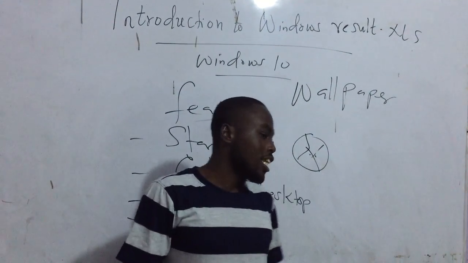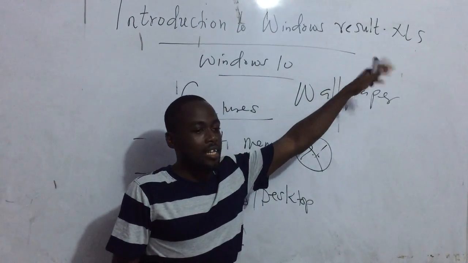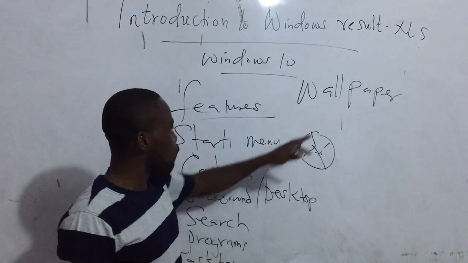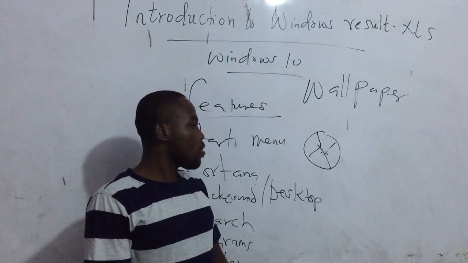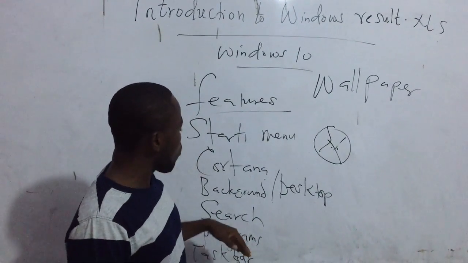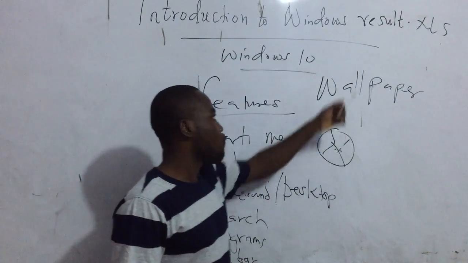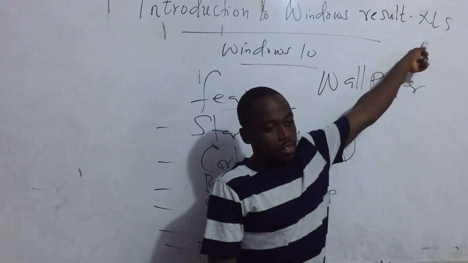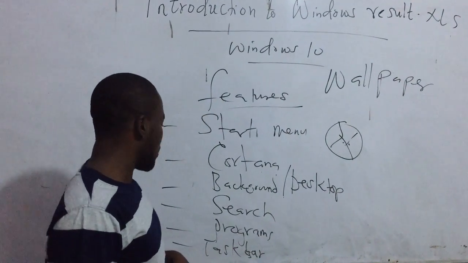When I go to the search menu and type result.xls, the system will search for result.xls in all drives and folders in the computer. The system will do a thorough search to give you all documents or files with this extension. So the search is to search for resources in the system.